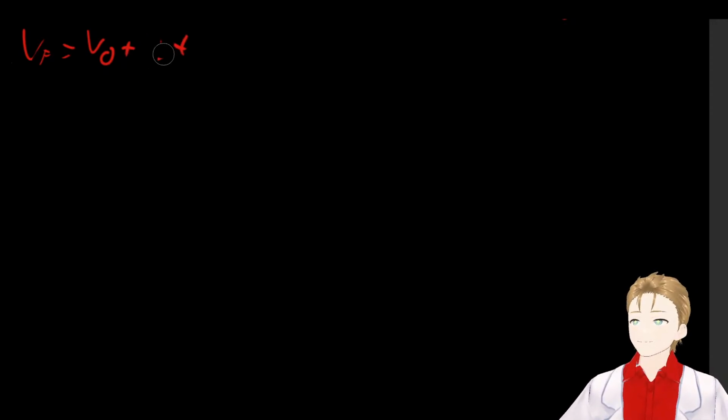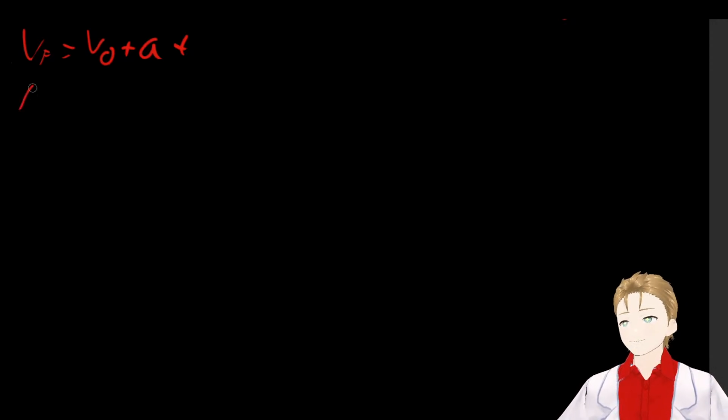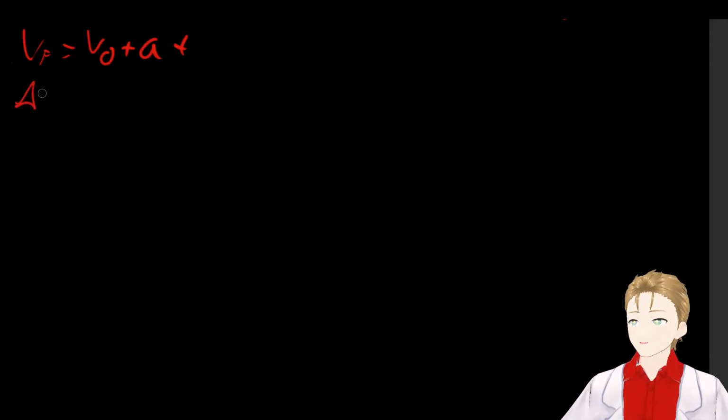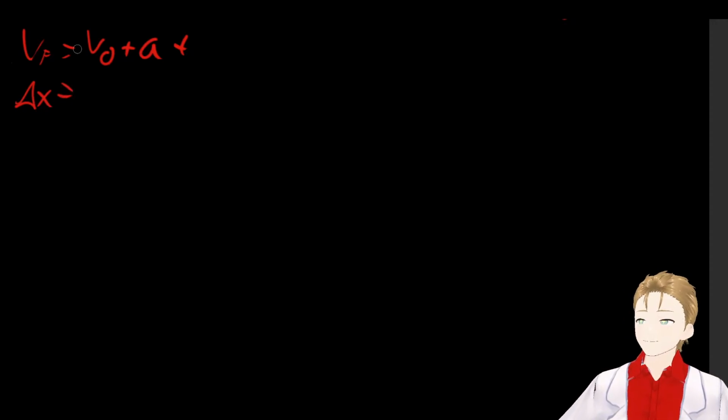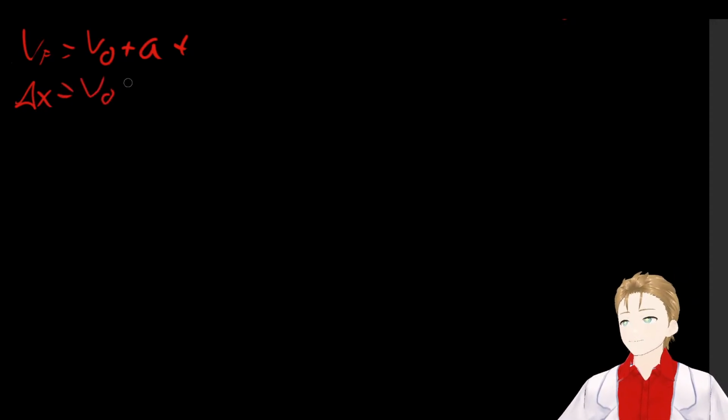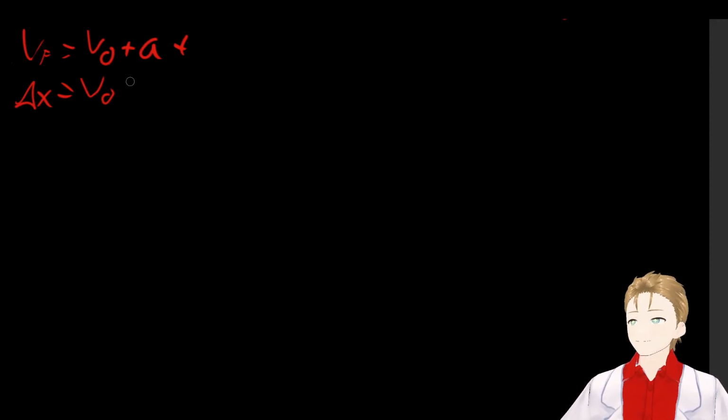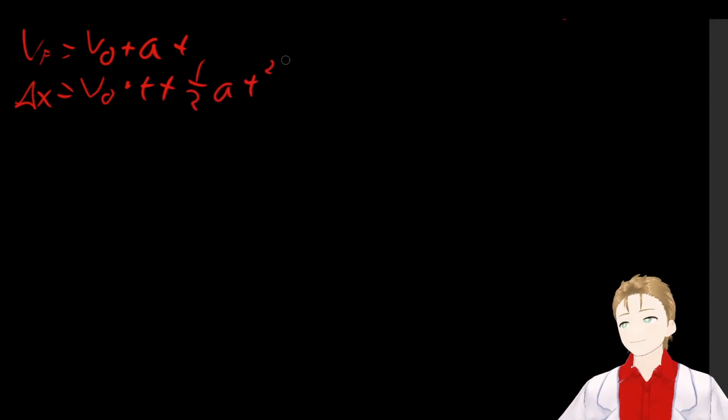Let me write out the kinematic formulas. We have v = v0 + at, then delta x = v0 t plus 1/2 at squared.